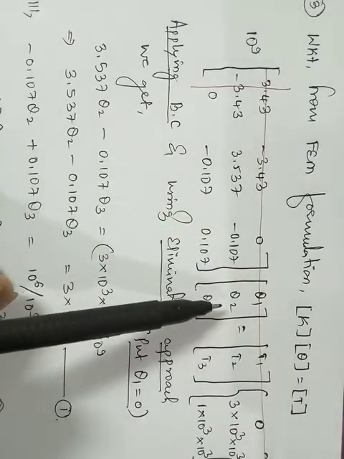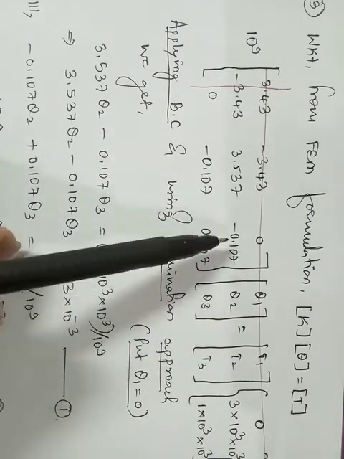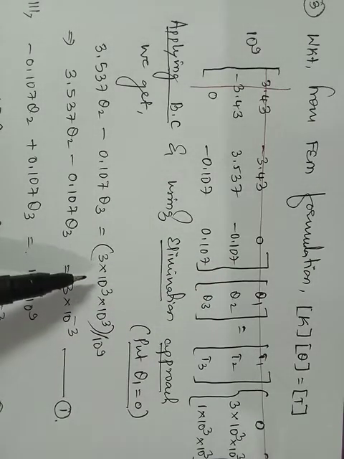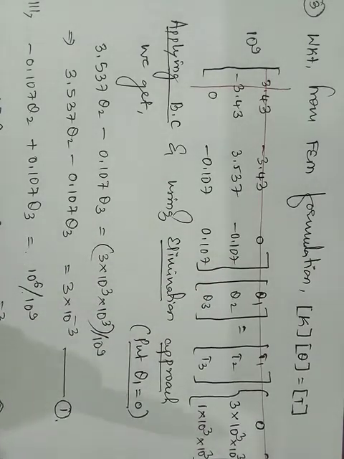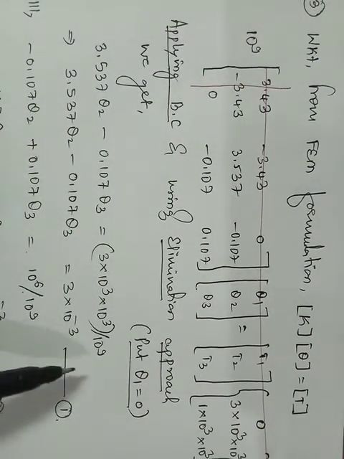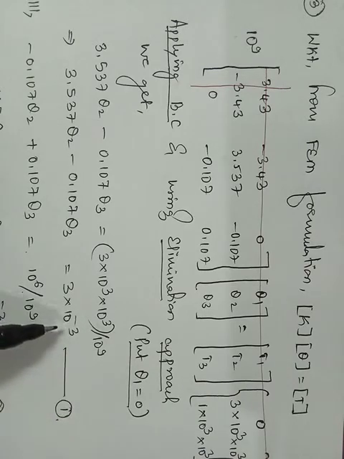3.537 into theta 2 minus 0.107 into theta 3 is equal to 3 into 10 raised to 3 into 10 raised to 3. This 10 raised to 9 is very important. You should not forget this. That 10 raised to 9 comes here. If you simplify this, you will be getting 3 into 10 raised to minus 3.